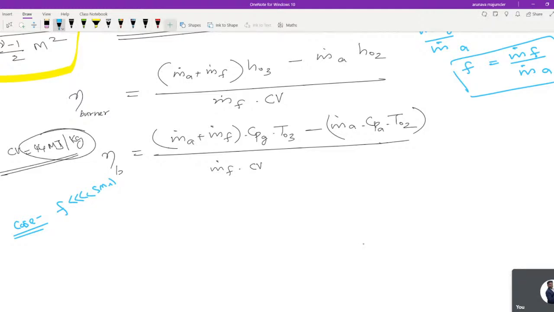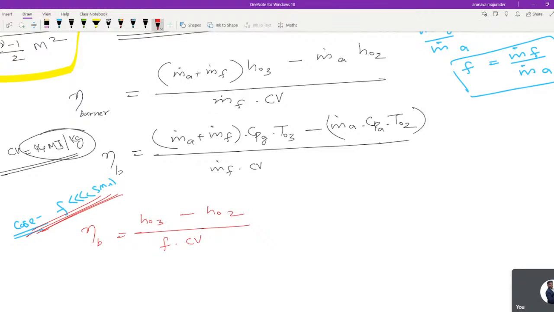In that case we can reframe the equation as the condition applied, since they are very small: Eta b equals H naught 3 minus H naught 2 over F into CV. Okay, when it is very small.